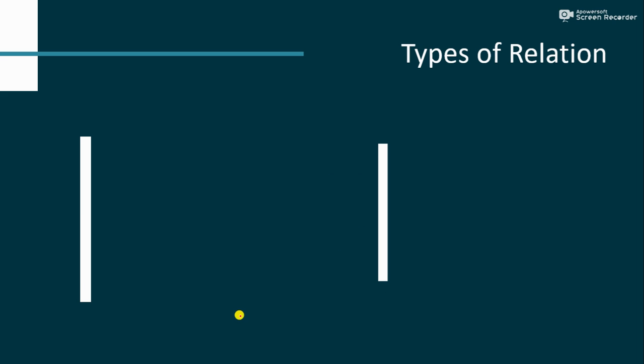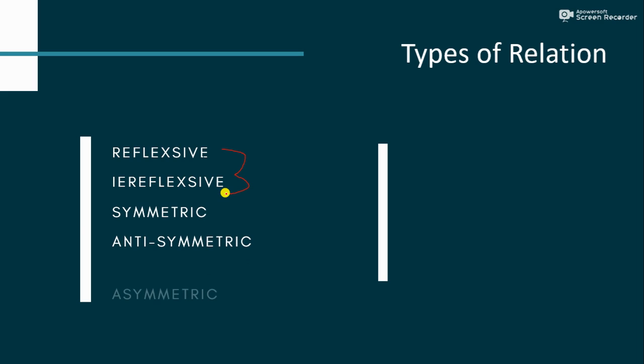In our next video, we are going to learn other types of relations. First we are going to see the reflexive relation, then the irreflexive relation. These are the two types of relations that come under the same family. Then we are going to learn symmetric, antisymmetric, and asymmetric. This is another family of relations.